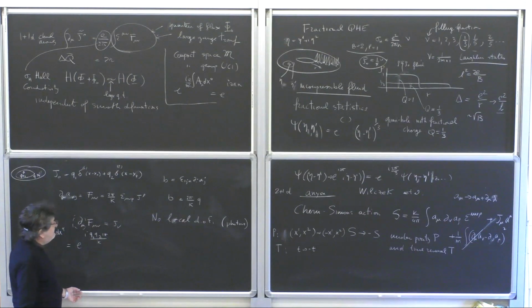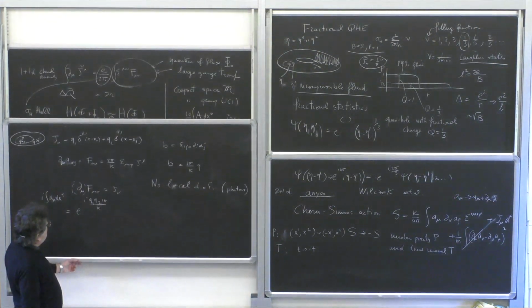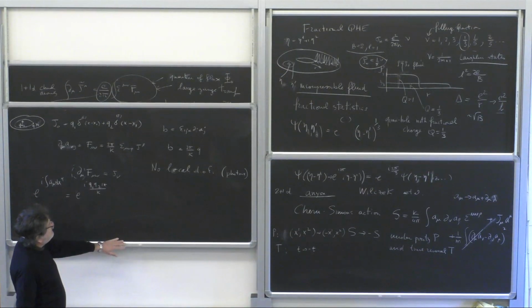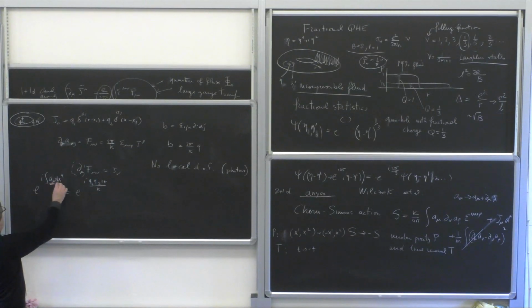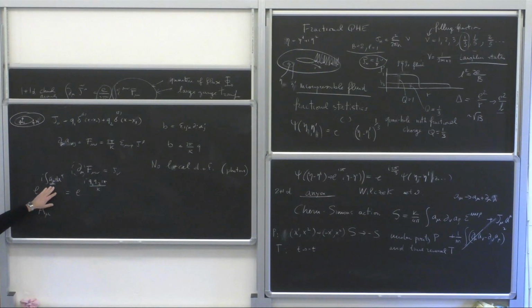Let me do a number of steps. This small a is not the background field A mu, the external field, but it's a kind of dynamical gauge field that you assume exists, dynamical in the sense of topological, special dynamical. It exists in the theory.